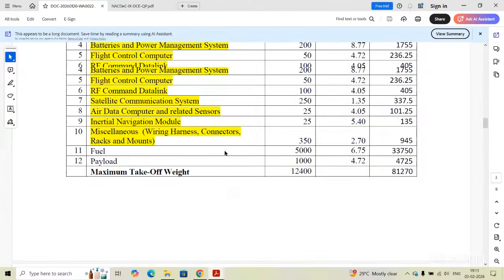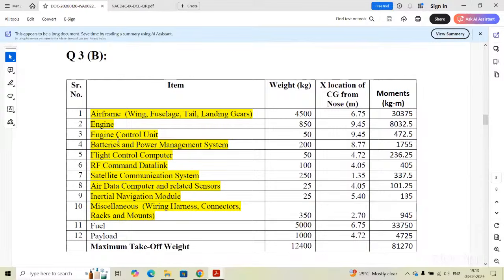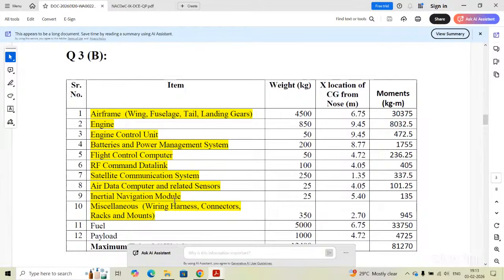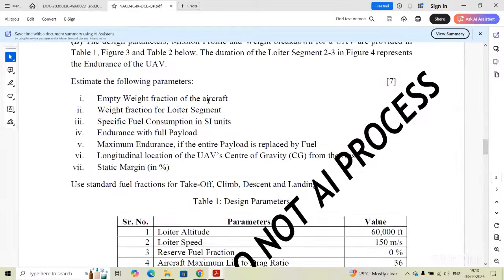The items which are highlighted in yellow color will be contributing towards the empty weight of the aircraft. So the total weight of these yellow items by the maximum takeoff weight will give you the empty weight fraction. The first question is about the empty weight fraction of the aircraft.